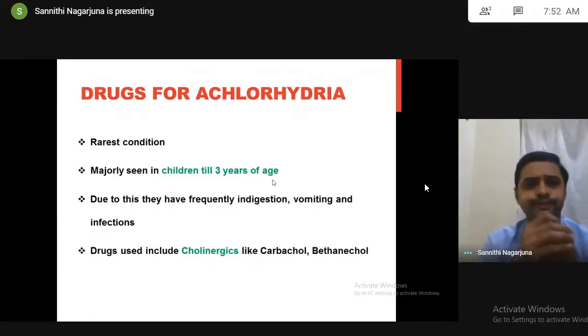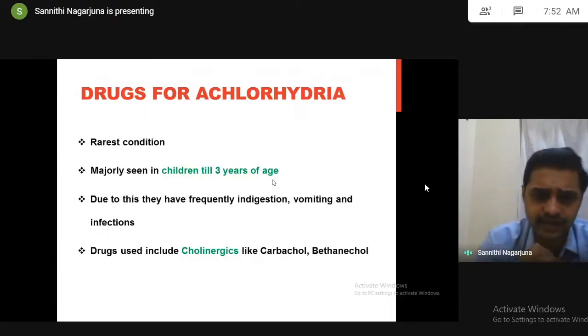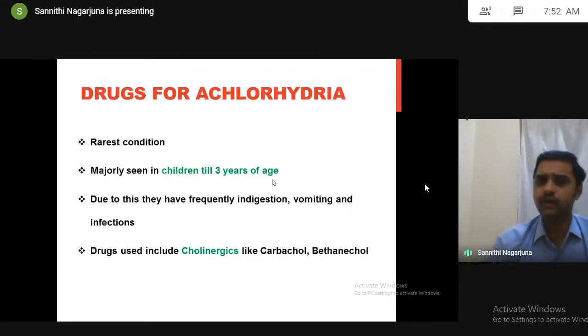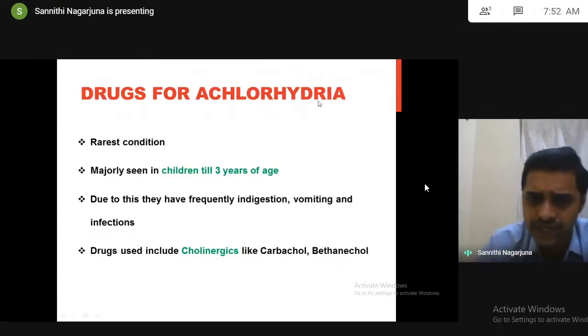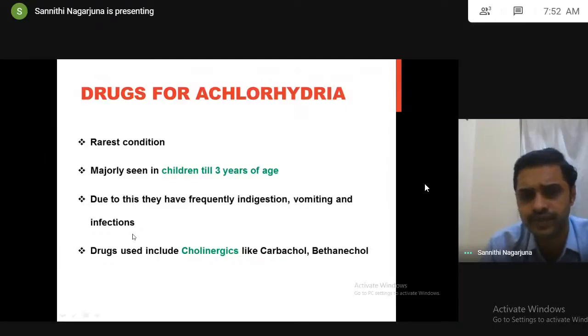After birth, infants may not have good acid secretion, and that's why this condition is observed. That's why babies less than 3 years old have frequent indigestion, frequent vomiting, and infections. That's why for babies under 1 year, we give very soft food and liquid food.